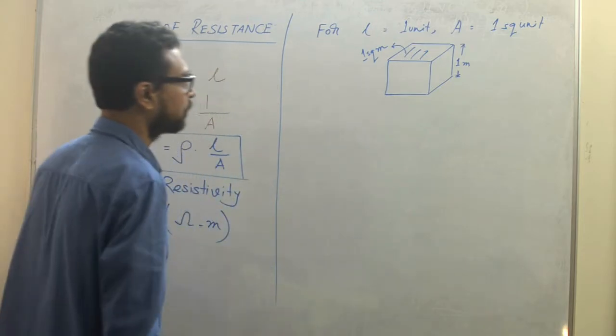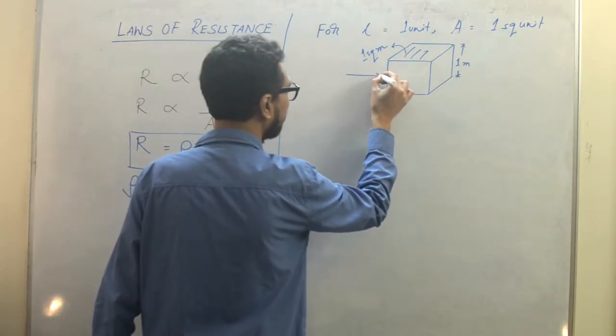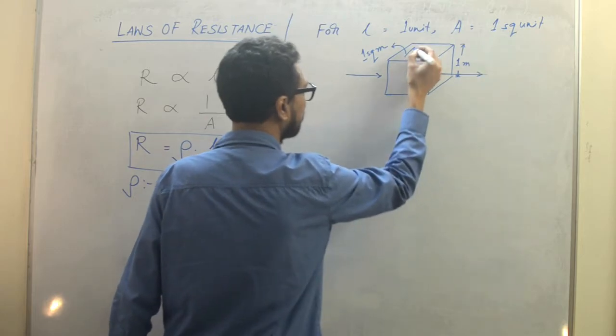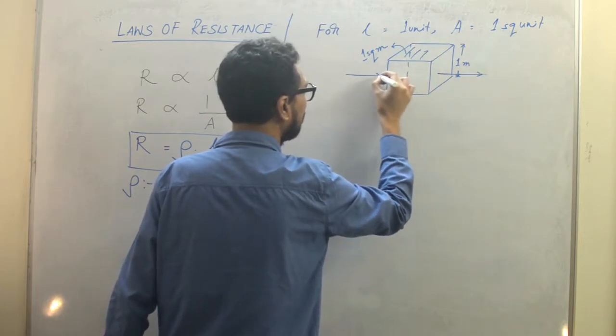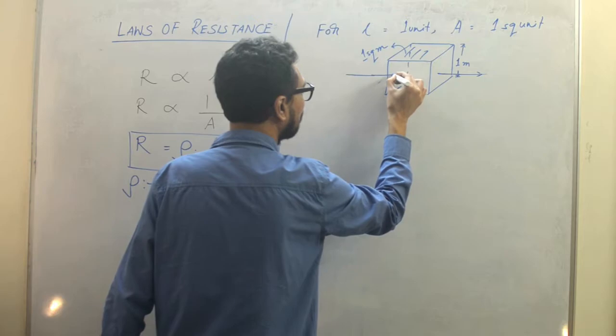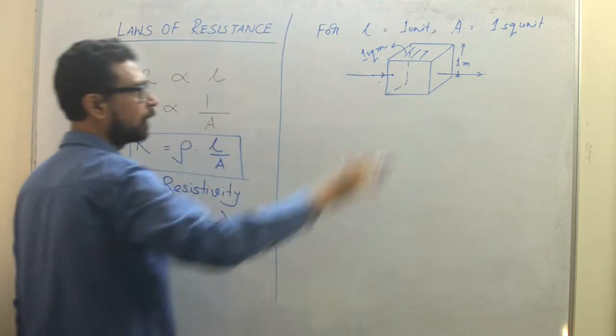And if you assume that the current is flowing like this, entering through this space and going out from there.